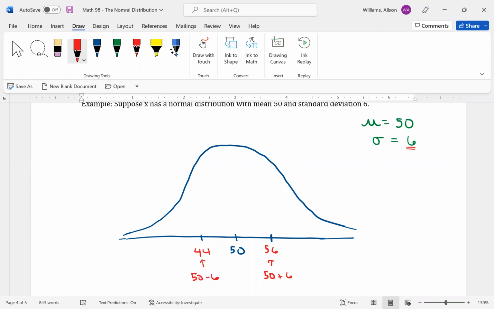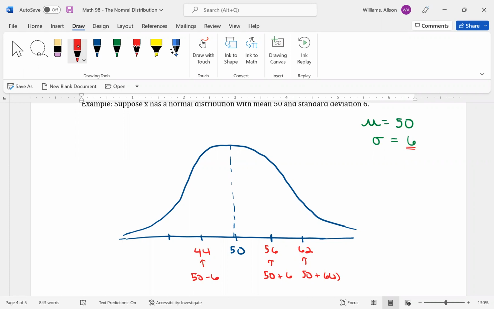And I'm going to do that again. I'm going to draw my line in the center just so I can visualize that. So 1 more standard deviation above and below. I'm going to add and subtract 6 again. If I add 6, that's going to be 62. So I'm adding 6 to 50 twice, that's 50 plus 6 times 2.